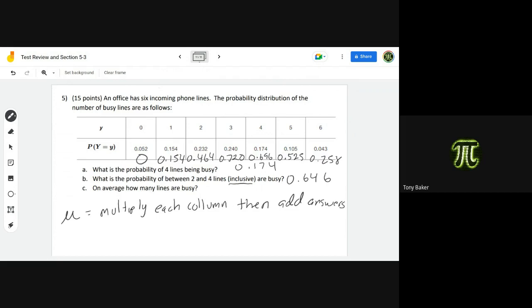So then we're just going to add up all those answers. So I get 2.817. Lines are busy.